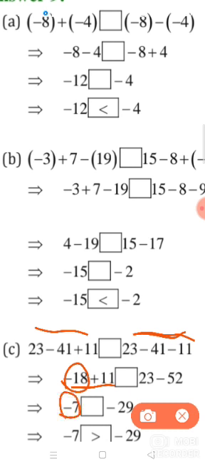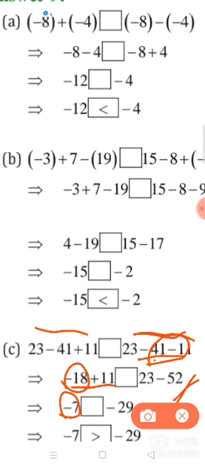Now see the RHS: 23 minus negative 41 minus 11. Here minus minus becomes a plus, so 41 and 11 become 52, so 23 minus 52, plus minus becomes a minus.